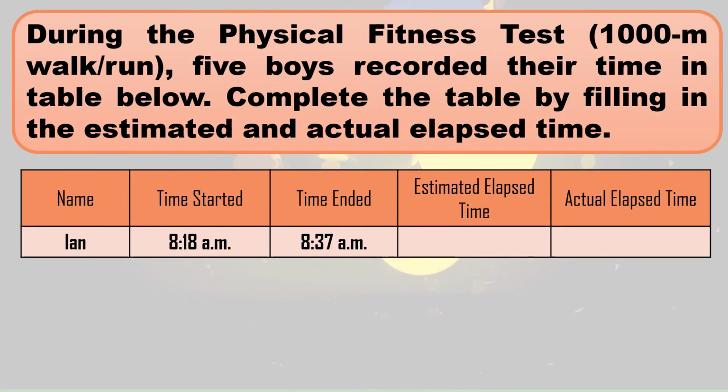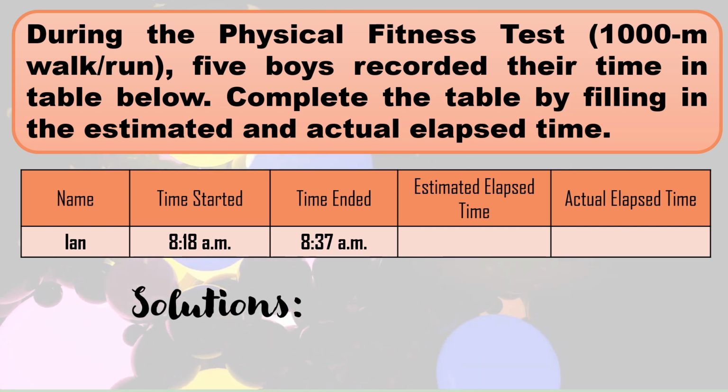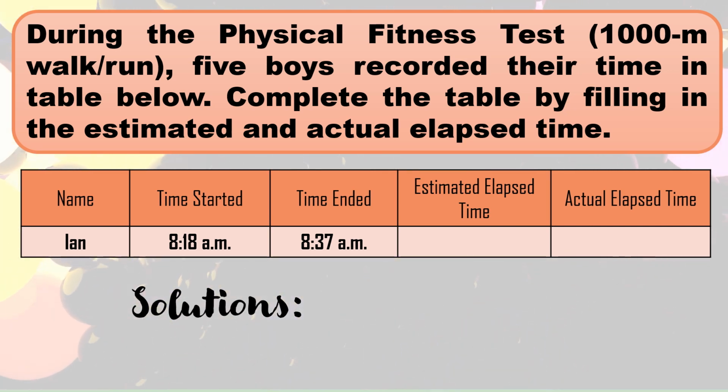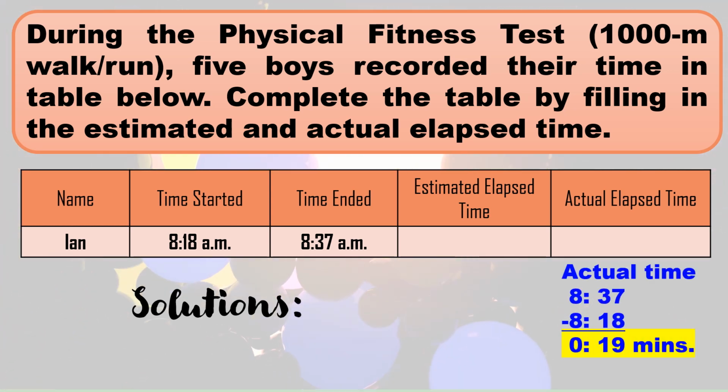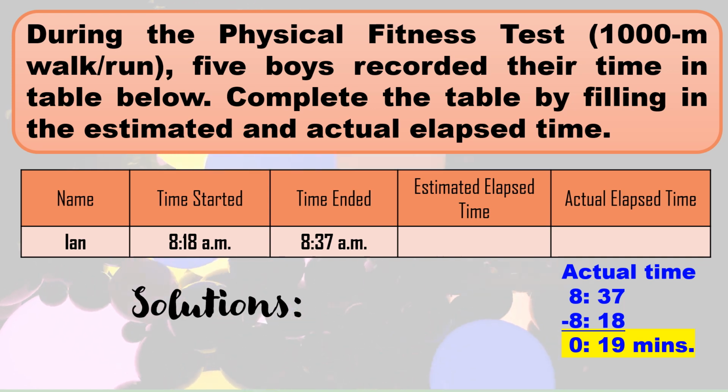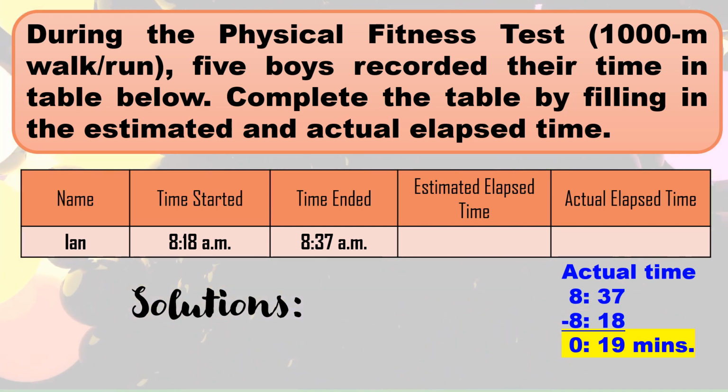The second person is Ian. Ian started the time at 8:18 a.m. and ended at 8:37 a.m. In the solution for the actual time, we subtract 8:37 by 8:18. The actual time is 19 minutes.